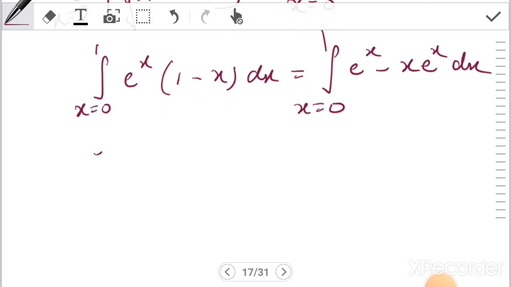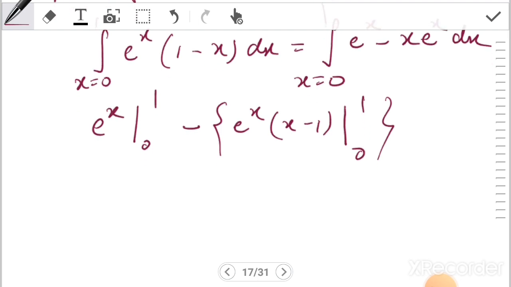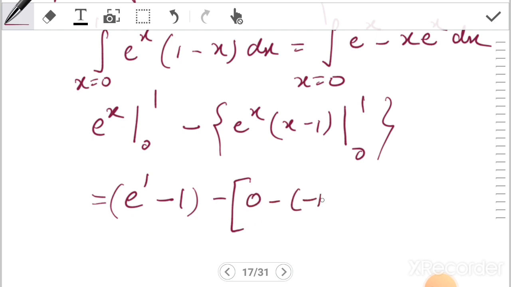So which reduces to e^x from 0 to 1 minus e^x (x minus 1) from 0 to 1. Okay, so which is e raised to the power 1 minus 1, minus 0 minus of minus 1, so which is e minus 2.